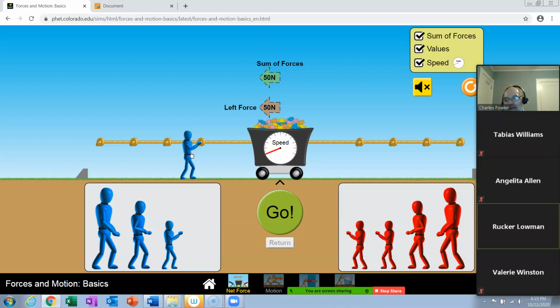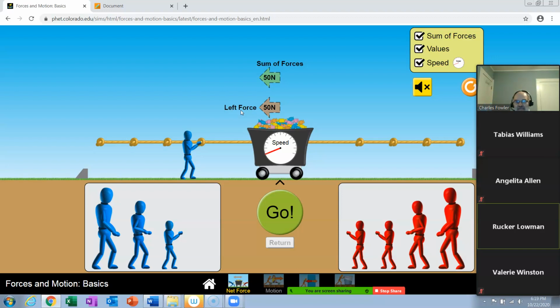Okay, and here's what you record: the sum of the forces. The little blue android can pull with a force of 50 newtons, and the direction is to the left. The sum of the forces is 50, the direction is to the left. Got it? Now, my question to you, will there be an acceleration?